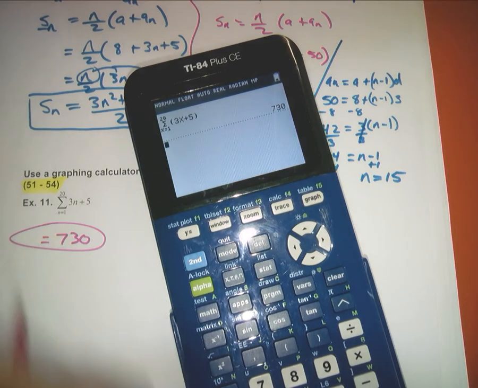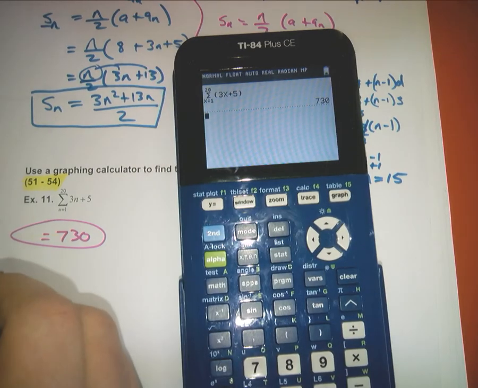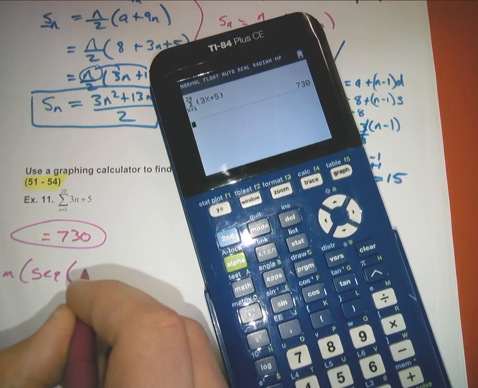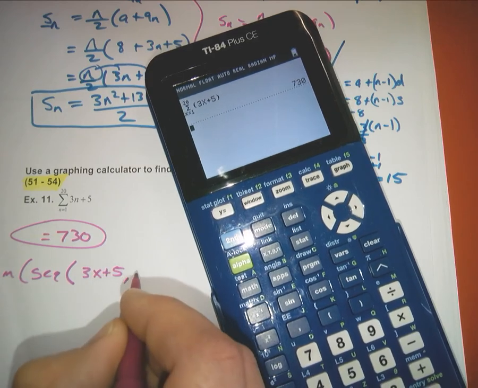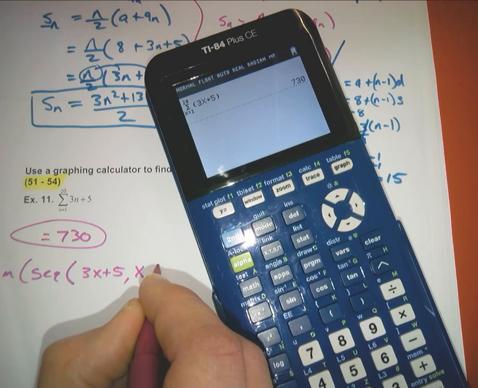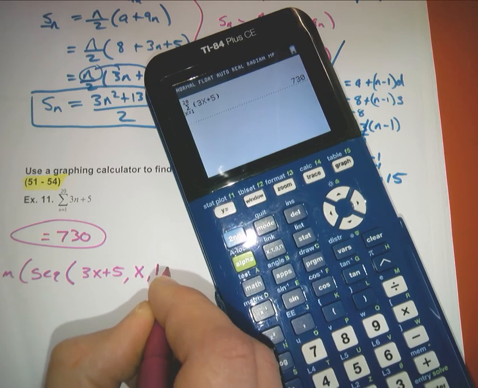Okay, so final answer for our sum. If I have a TI-83, this is where I got to go sum of the sequence. Okay, and that will be my sequence of 3x plus 5. I got to define my variable, comma, x. So define my variable x, comma, where do I start and where do I finish?